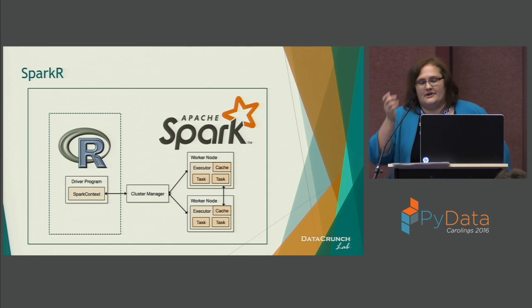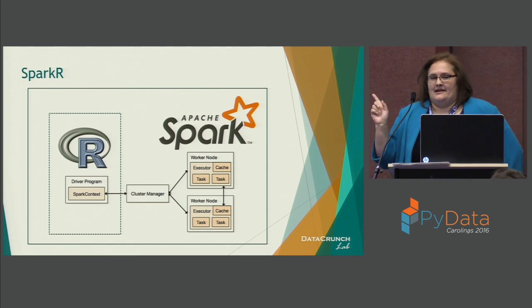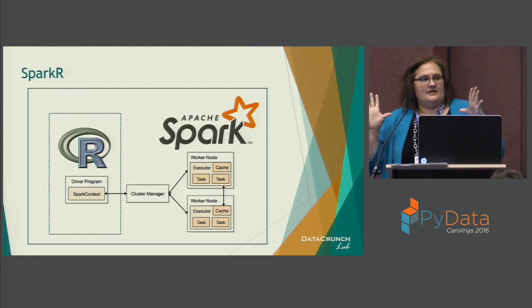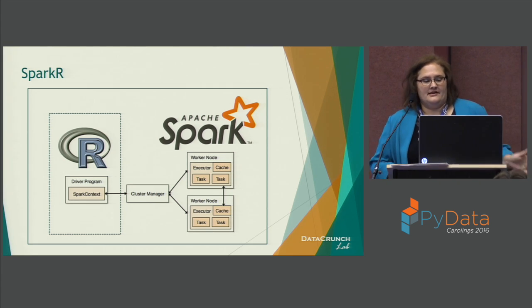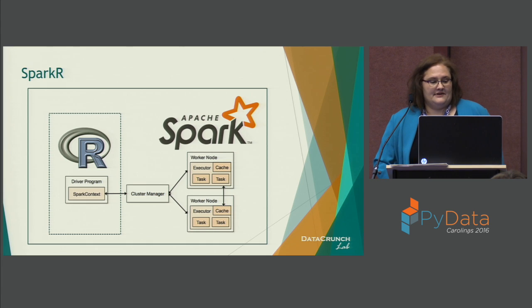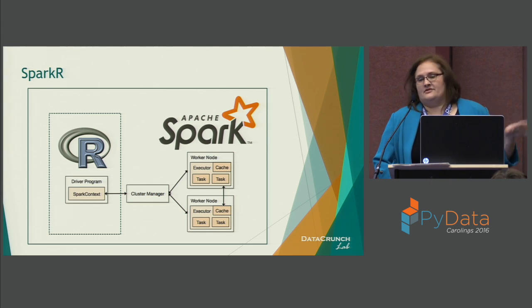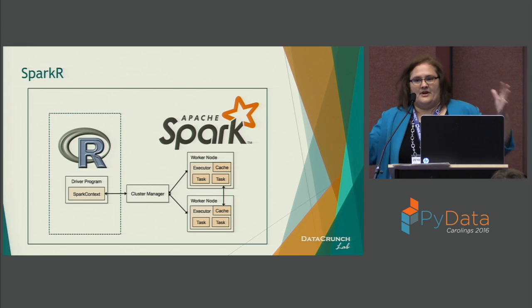So while we wait for everybody to attach, one of the main things that I want to put a picture in your head about SparkR is the idea that we have a driver program and worker nodes. R and SparkR live in the driver area, in the driver program. Everything else is part of Spark.